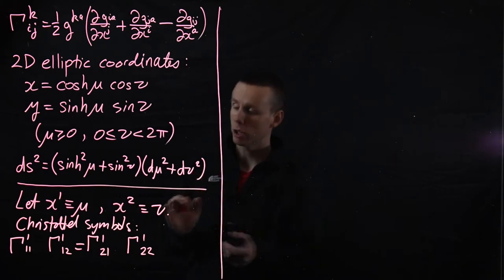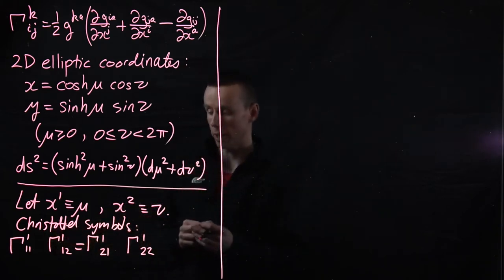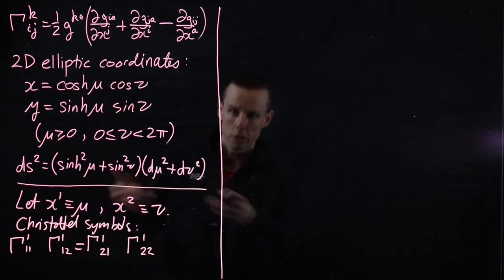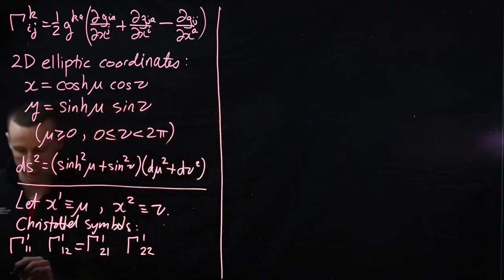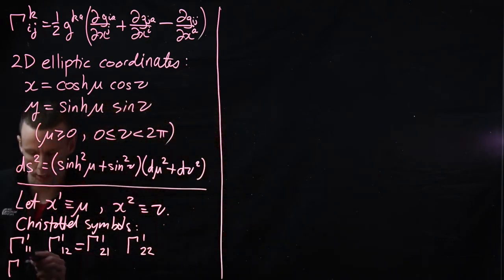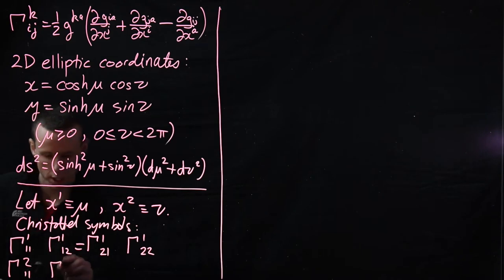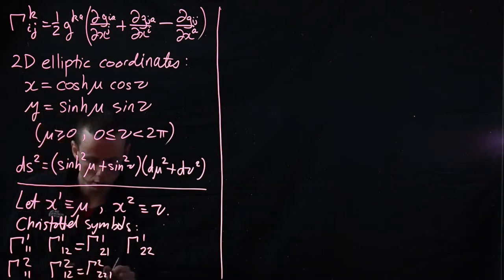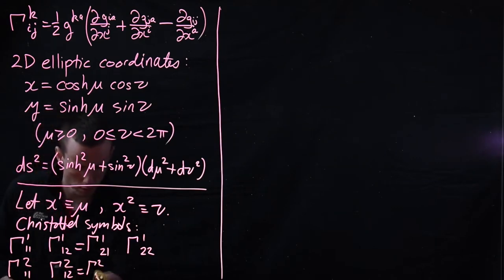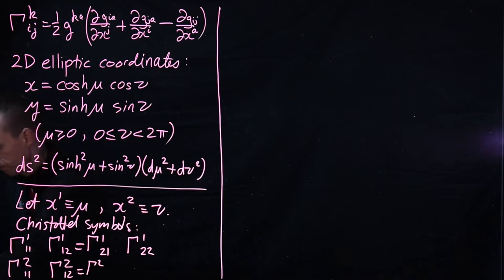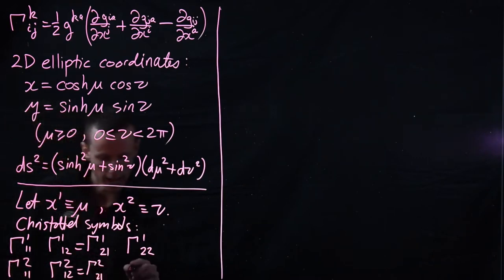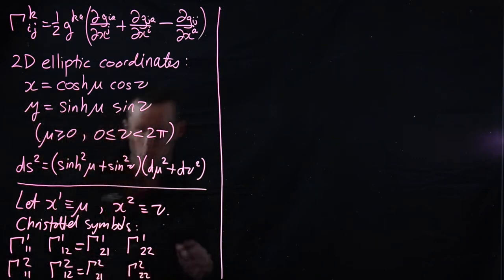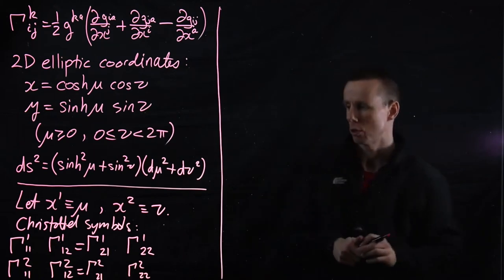And that's everything you can have with a 1 upstairs. Then you have all the same ones again, except with the 2 upstairs. So you would also have gamma 2, 1, 1, gamma 2, 1, 2, which is the same as gamma 2, 2, 1, and you could also have gamma 2, 2, 2.